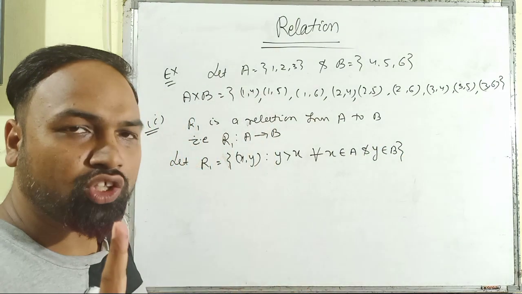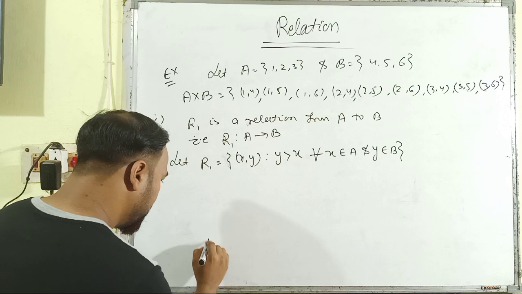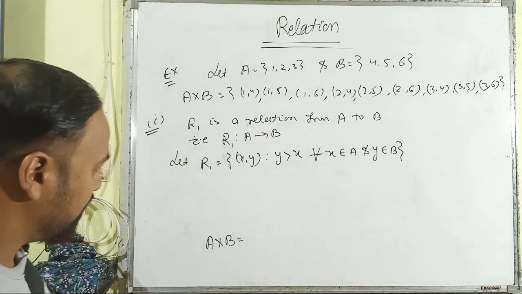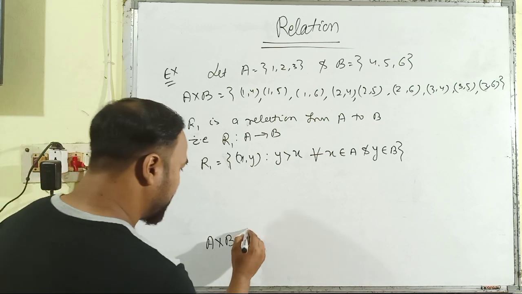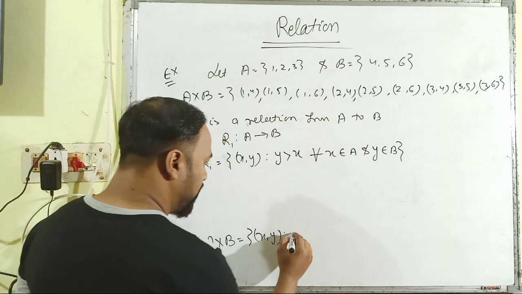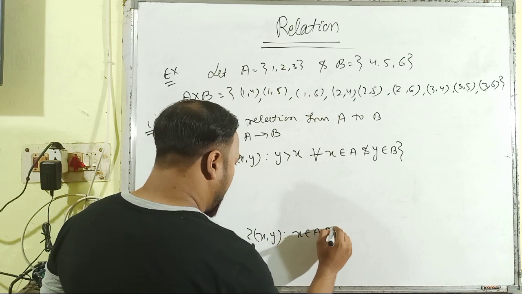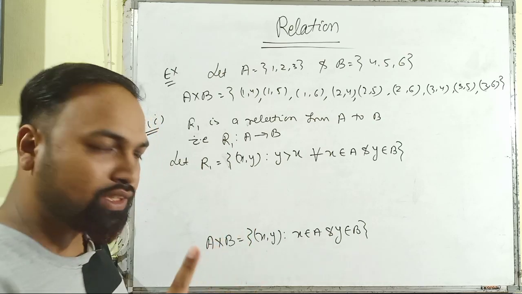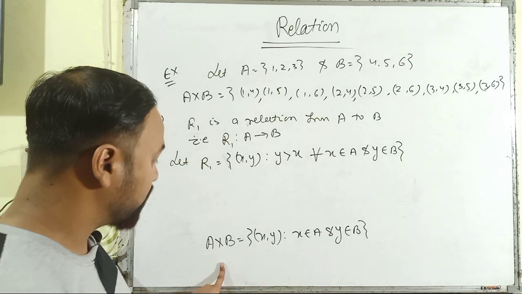What was the definition of a Cartesian product? In the set builder method, we can represent the Cartesian product of A and B as the collection of all possible ordered pairs where x belongs to A and y belongs to B. It is the representation of the Cartesian product of two sets.